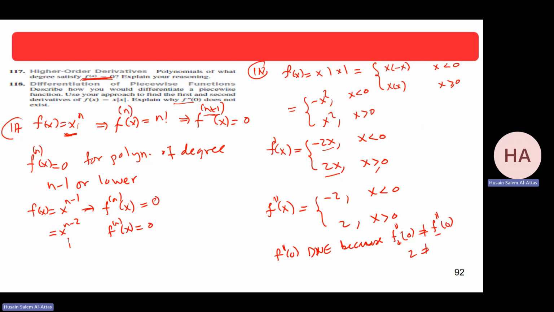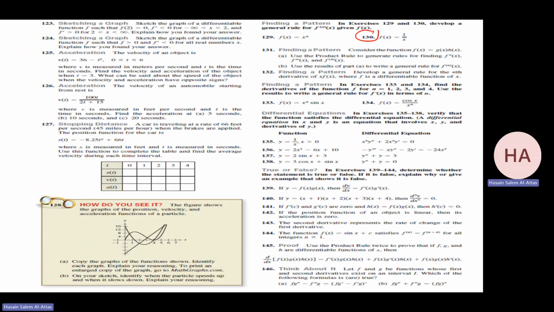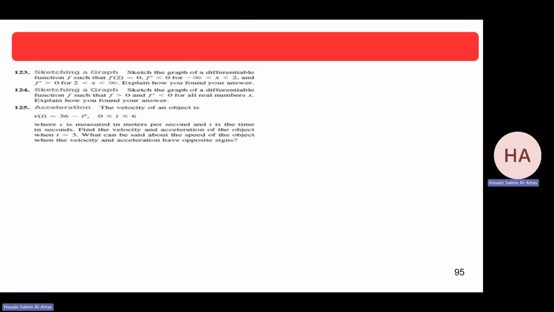This is 2 and this is minus 2. This is f double prime negative at 0 and this is f double prime positive at 0, like what we did with these piecewise functions. Okay, we are almost there.